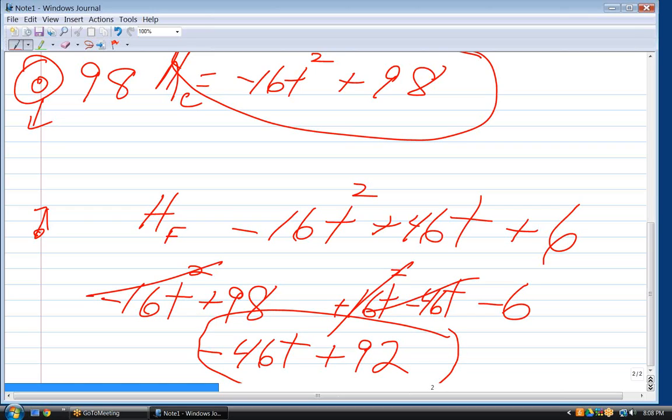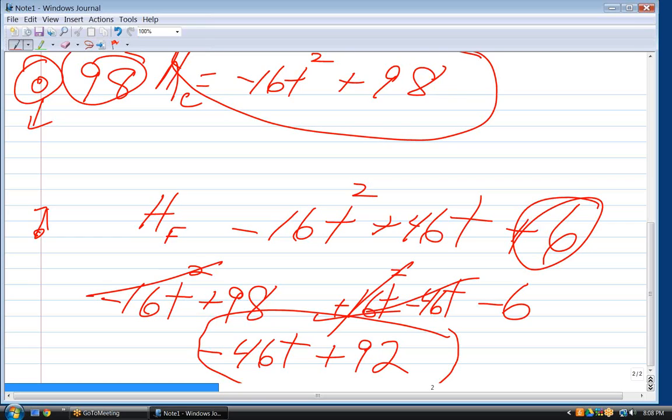Notice that when t is 0, this says that they are 92 feet apart. That makes sense because the ball started at 6 feet off the ground and the upper ball started at 98 feet off the ground. So this answer fits for when t is 0.